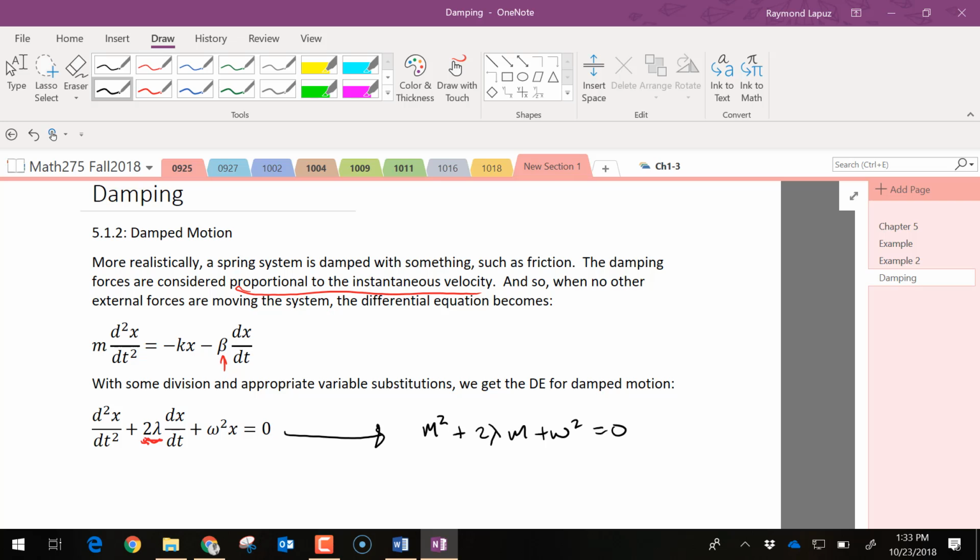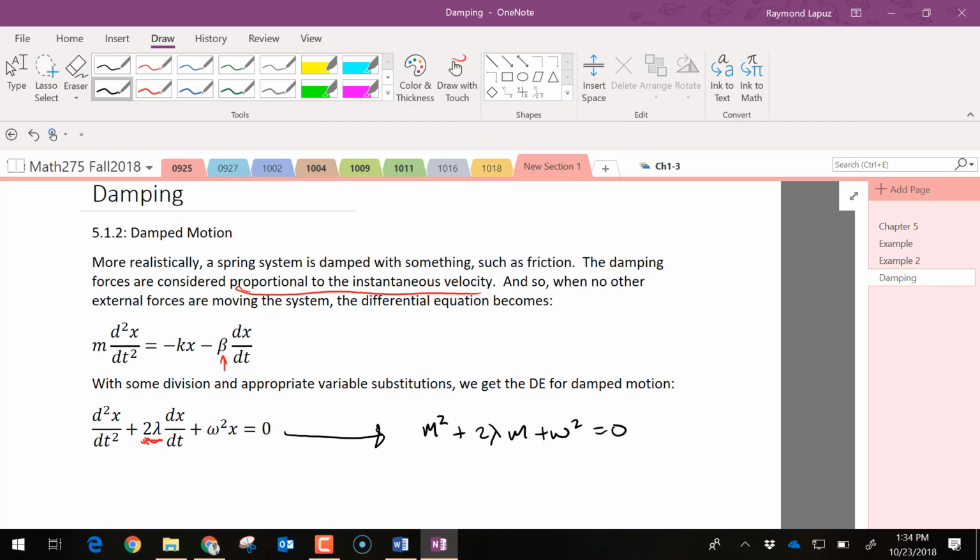And so the solution to this quadratic equation is dependent on what happens in the discriminant, the square root of b squared minus 4ac. If it's positive, then we have 2 real roots. If it's 0, then we have 1 repeated root. If it's negative, we have 2 complex roots.